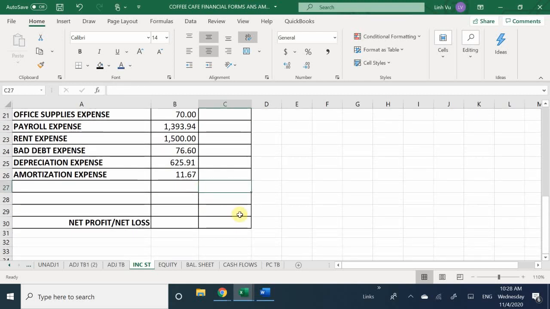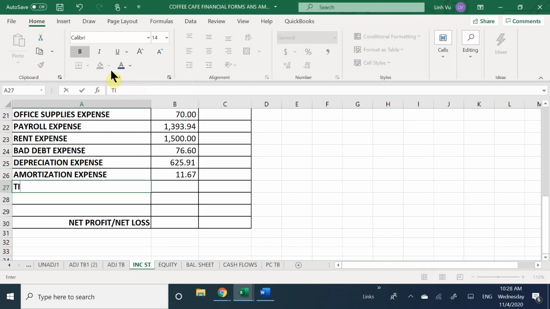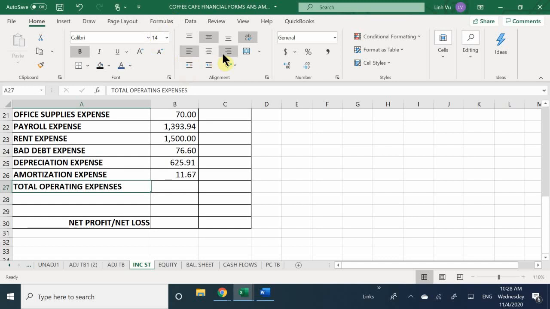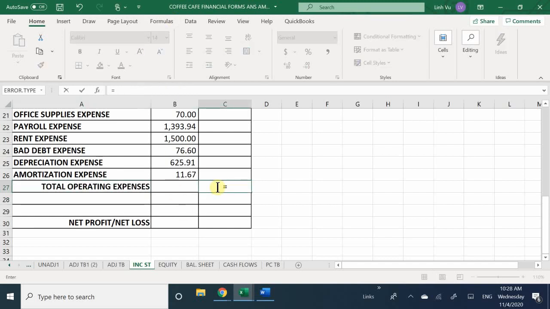Okay. So I'm going to add a little line here to indicate this is my total operating expenses. So, what is my total operating expenses?